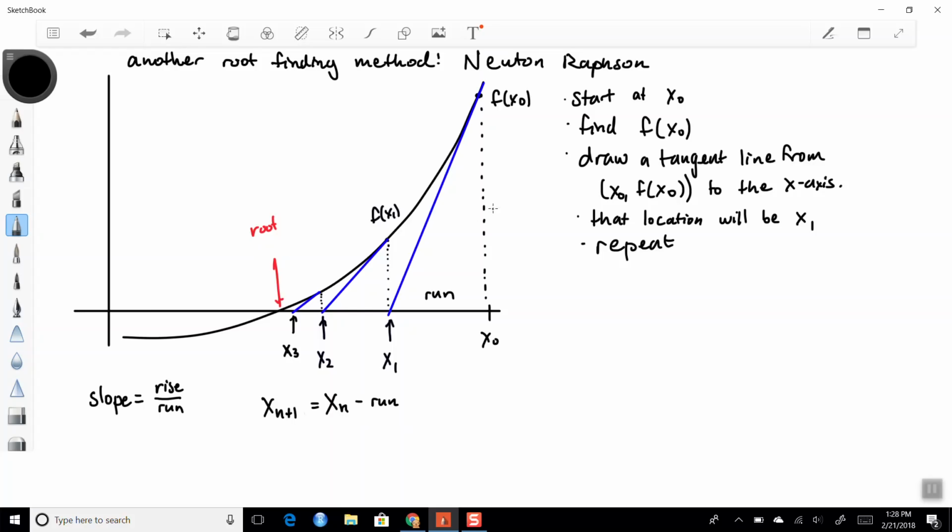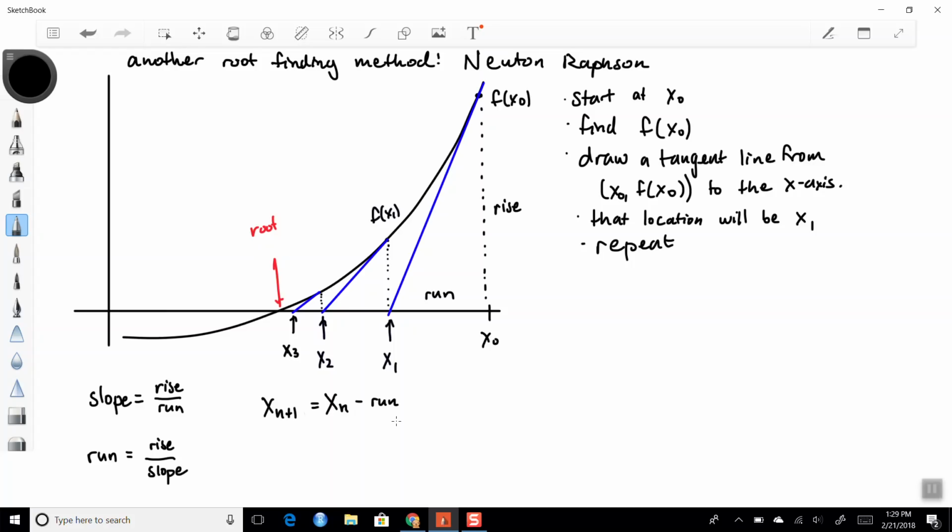Okay, and this here is the rise. So how do I calculate the run? Well, I just do a little bit of algebra here, and I will get run is equal to the rise divided by the slope.